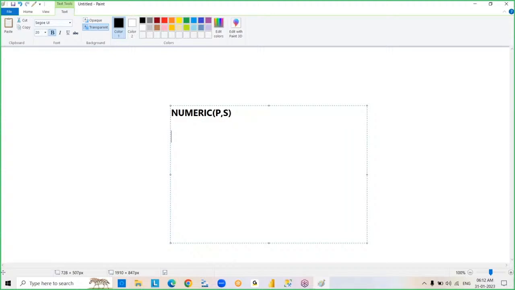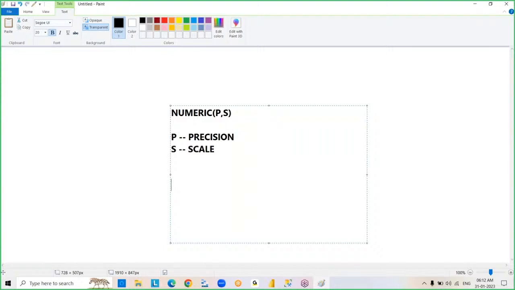Here P stands for precision and S stands for scale.